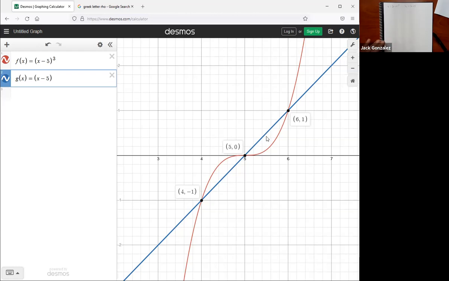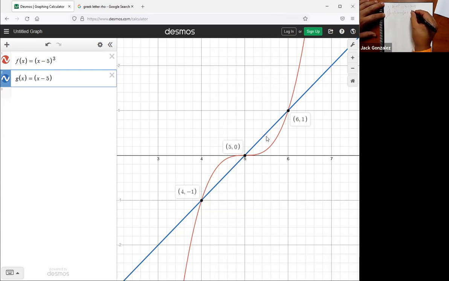So let me set that up. Integral from 4 to 5. The top is the red, x minus 5, minus the bottom, x minus 5, dx.